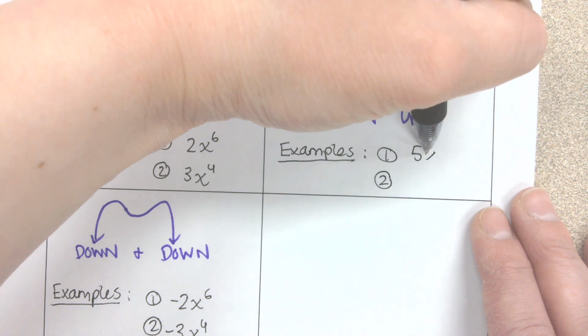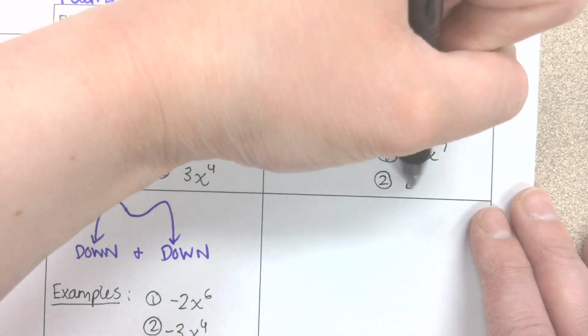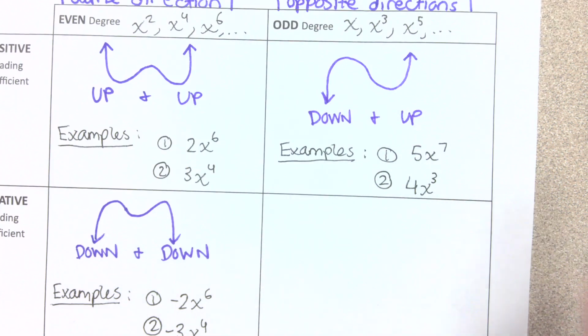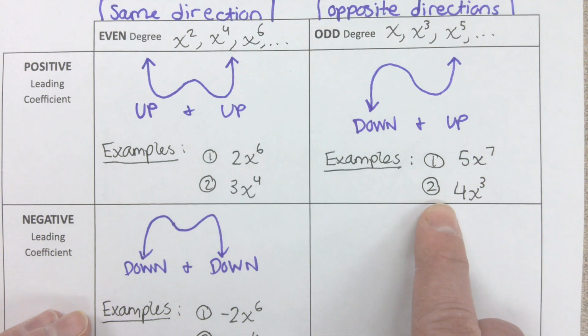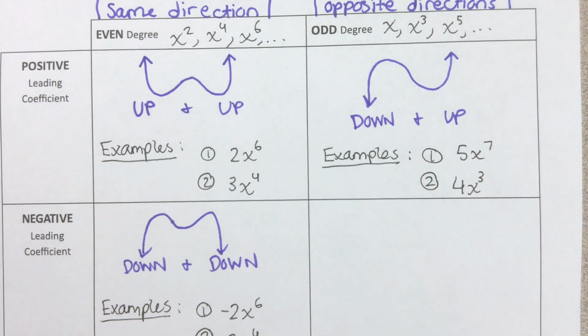We could have 5x to the 7th or 4x cubed. Odd degree, the exponent is odd, but the number in front is positive, positive leading coefficient. We don't care if the number in front is even or odd.